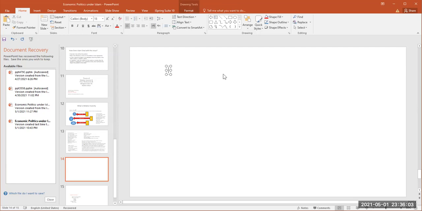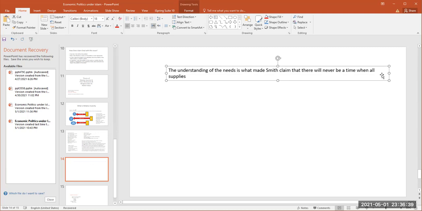So we said the understanding of the needs is what made Smith claim that there will never be a time when all existing supplies can satisfy all the needs.